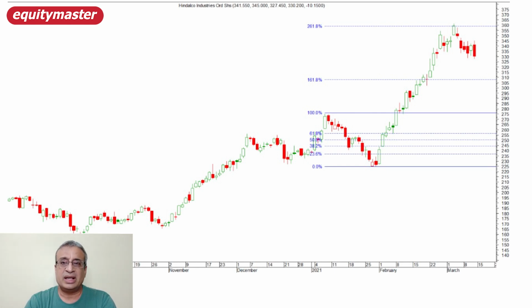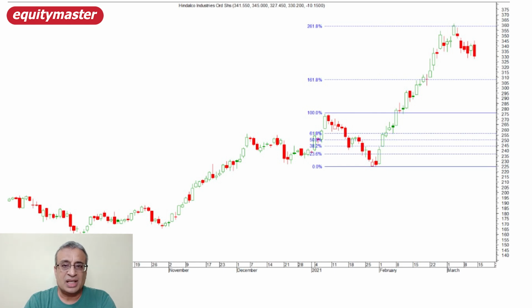Now, before trading Hindalco, it is not just Hindalco that you need to look at, but a variety of other factors as well. Friends, it is by now known and established as a fact that the markets opened cheerfully on Friday and then nosedived in the latter part of the session.